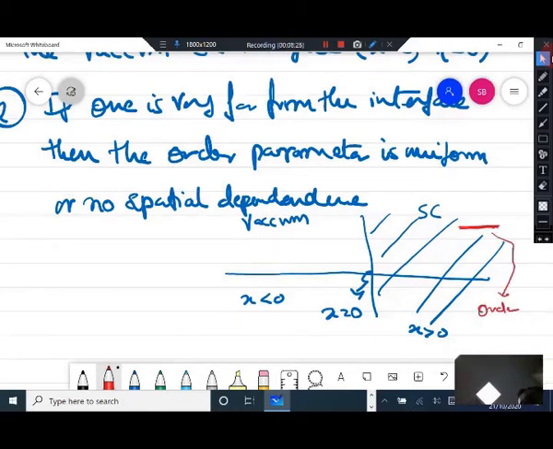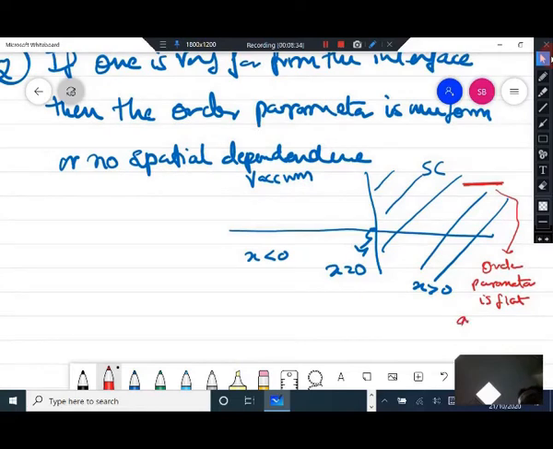The order parameter is flat and has no spatial dependence, which is a reasonable thing to do. That is df by d eta is equal to 0.